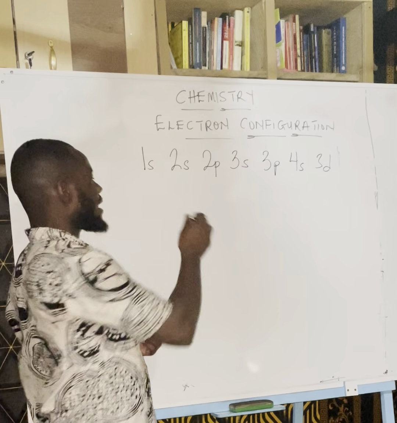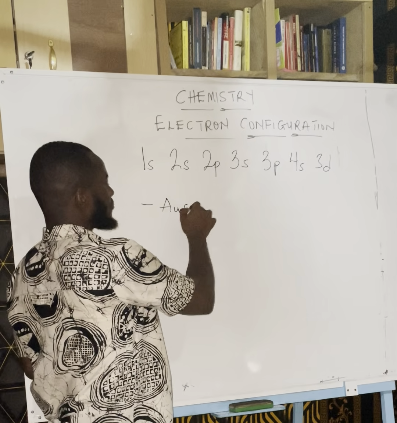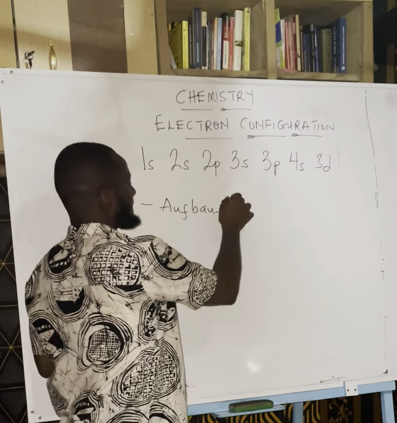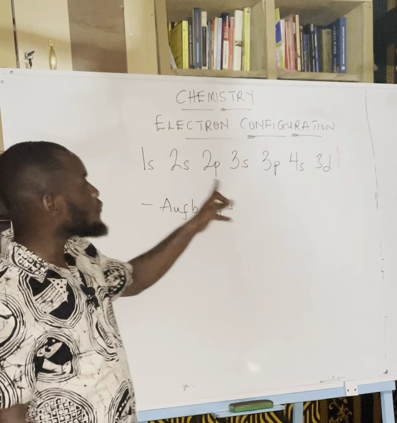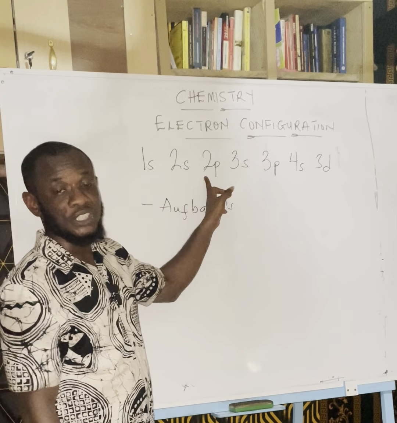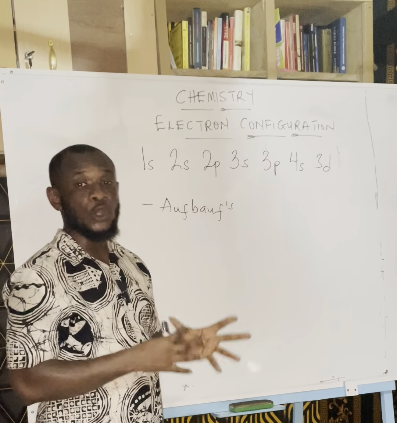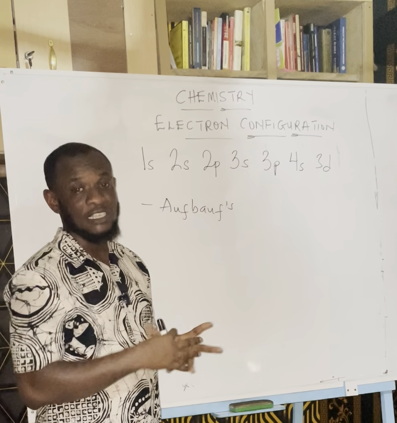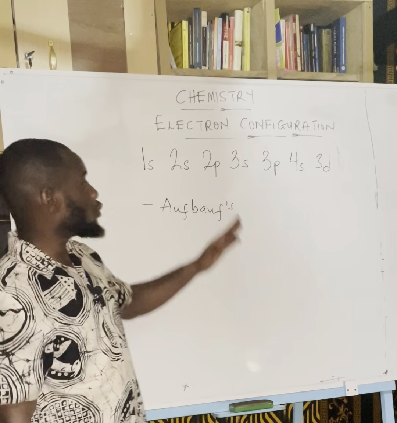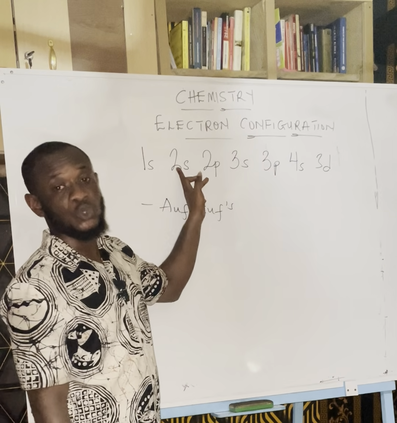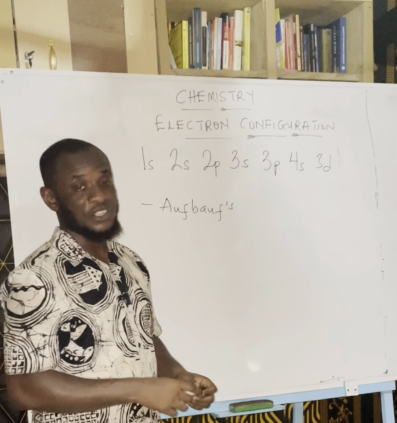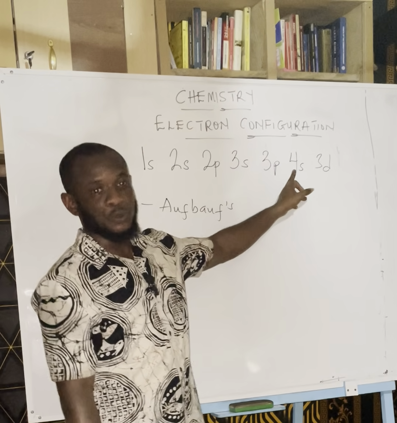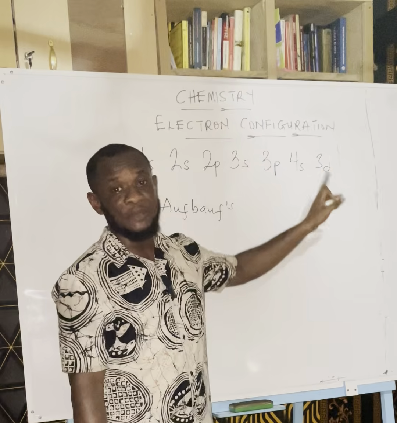The first is the Aufbau principle, which states that you must always fill the lower energy level before the higher energy level. So you must make sure that you fill the 2s before coming to fill the 3p.